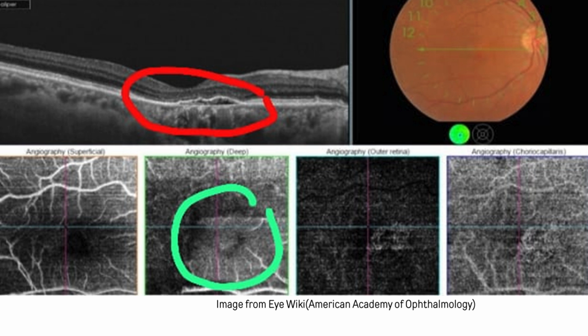Now in this picture I have taken from American Academy of Ophthalmology website. In the first red circle we can see that just under that irregular layer there is some hyperreflective area. So this most likely indicates CNV presence.